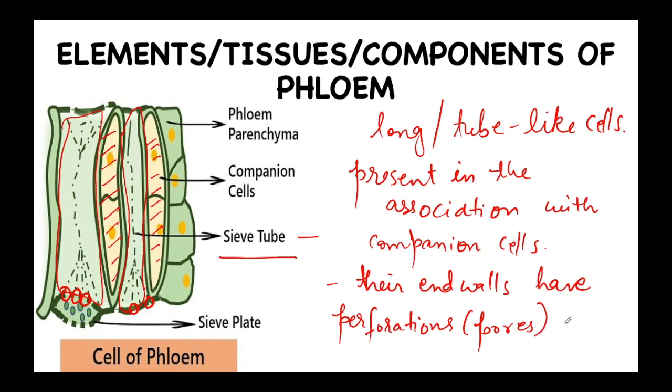So this is in a way similar to a sieve, forming sieve plates. Here the nucleus is absent in sieve tubes. There is no nucleus, but yes, a large vacuole is present.